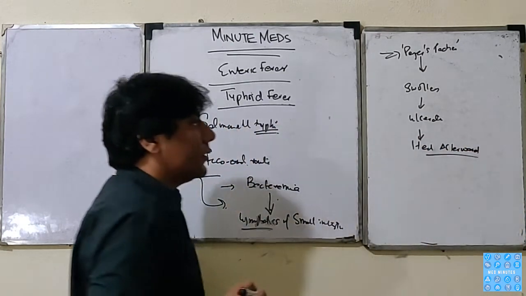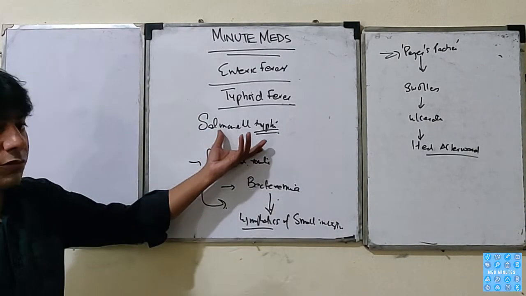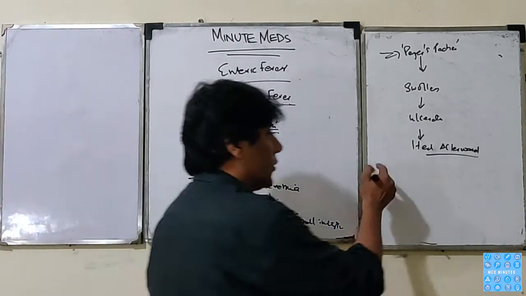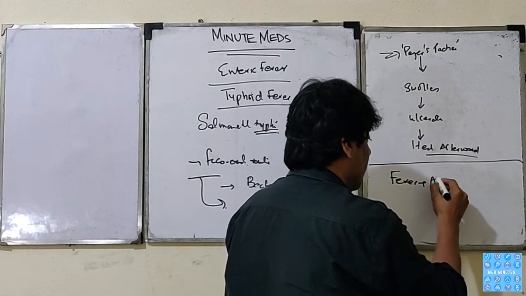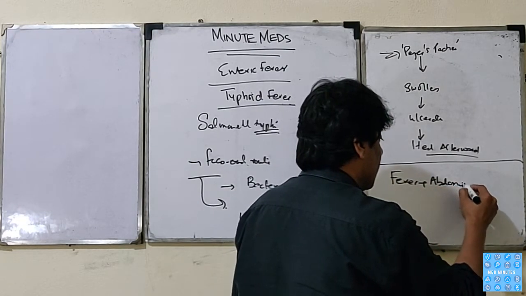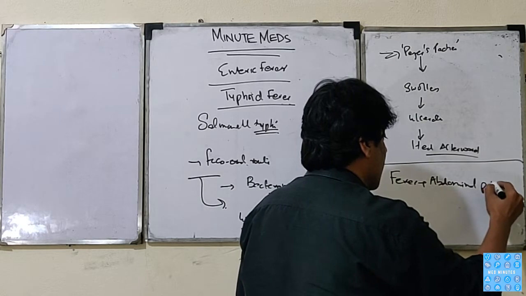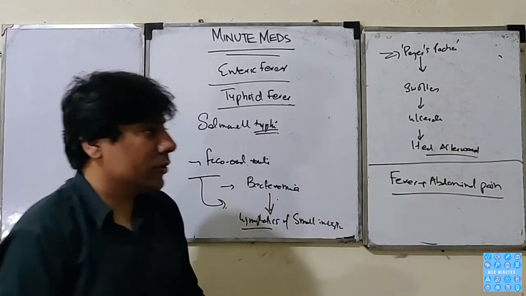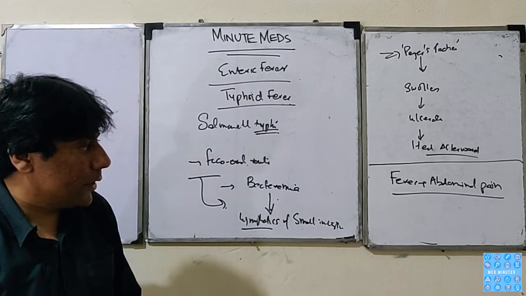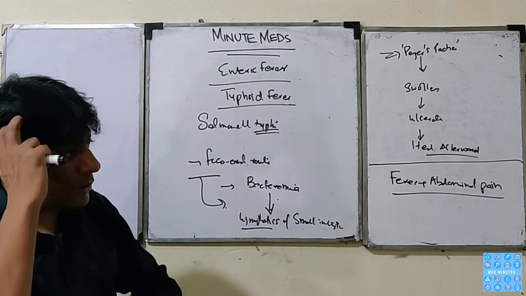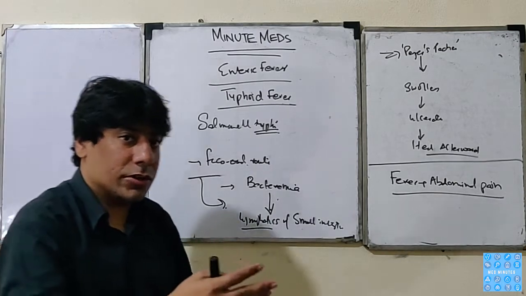So basically, in enteric fever or typhoid, the patient comes with fever plus abdominal pain. And then, according to the time, there are additional symptoms as well. So we describe the weekly change in the symptoms.